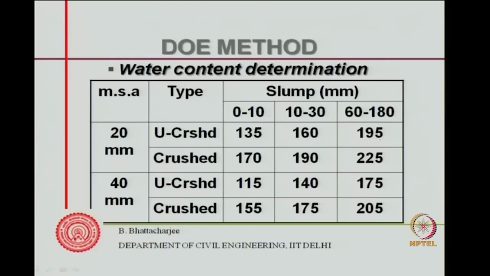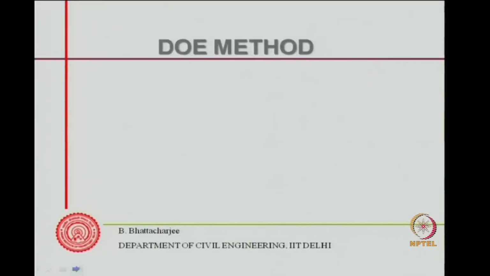If you go through that example, here we would have used 195 kg for uncrushed, rounded aggregate, but if it is crushed, then this would be more, right. For 40 mm, this is less, and so on and so forth. So one can find out the water content from this table, no correction required.